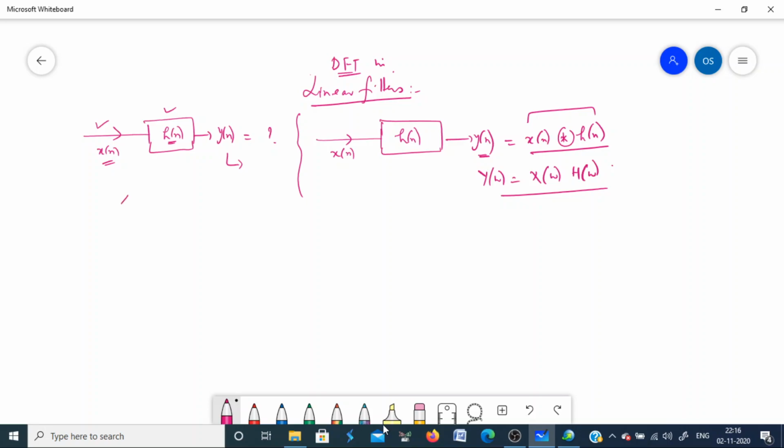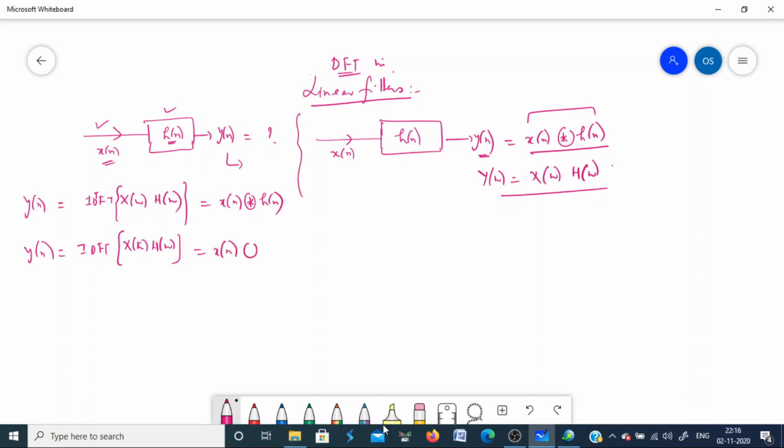Right now what we have is X omega into H omega, and the inverse Fourier transform of this, if you compute, you get a sequence yn which is the linear convolution of xn and hn. On the other hand, if I take its DFT, I multiply them and then I take IDFT, I get a sequence yn which is equal to the circular convolution of xn and hn.